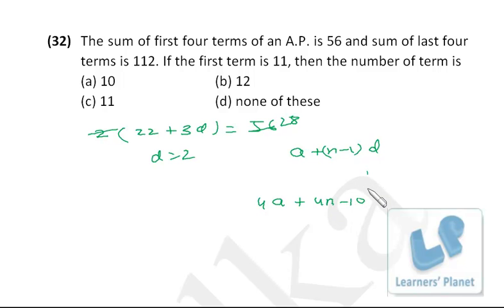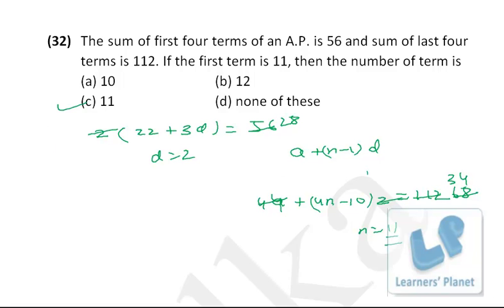Okay, minus 1, minus 2, minus 3, minus 4 is minus 10, and it is multiplied by d. d is actually 2, and the sum is 112. A is 11, so it is 44. So that is 68, 34. 4n is equal to 44. That means n is equal to 11. Okay.